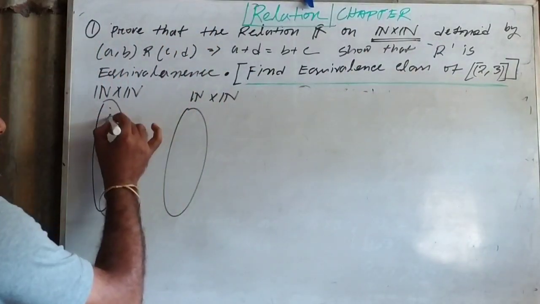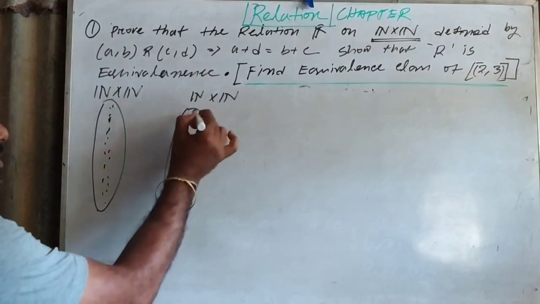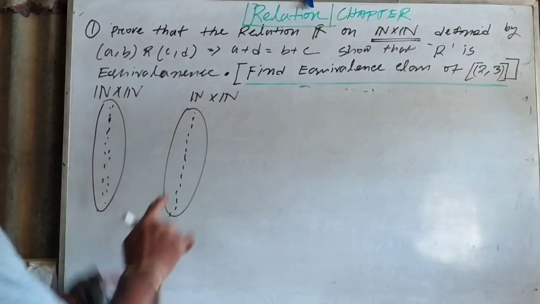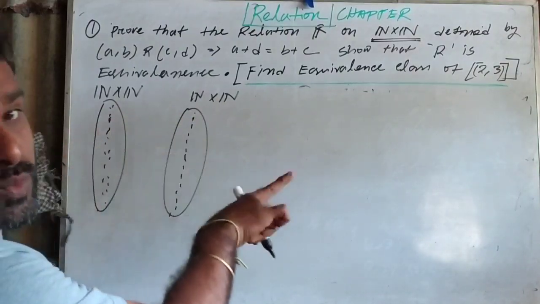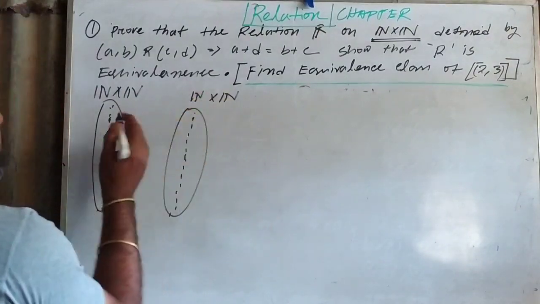So in this N cross N, various types of ordered pairs will be there. Here also different types of ordered pairs will be there. So between these two sets, a relation is working. That means the relation between two ordered pairs.